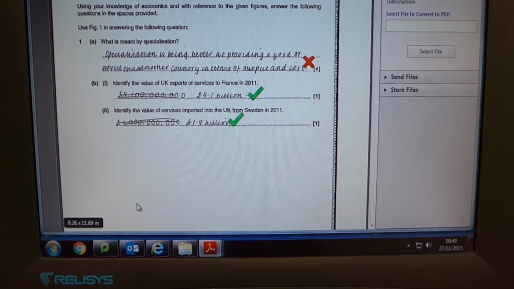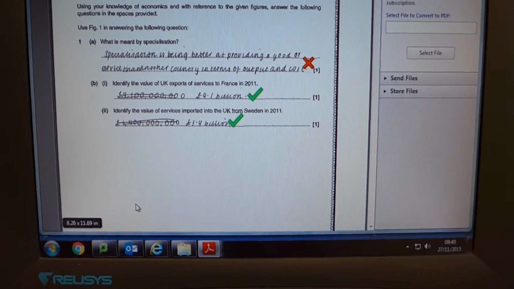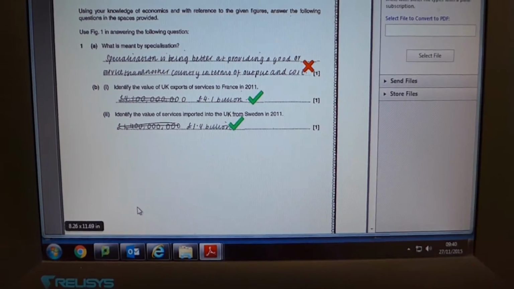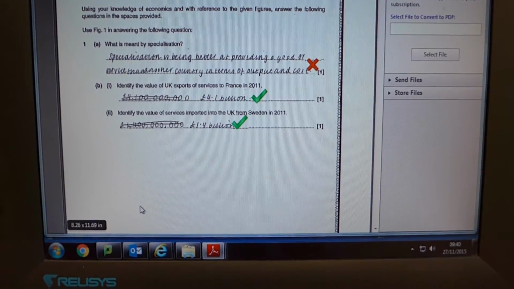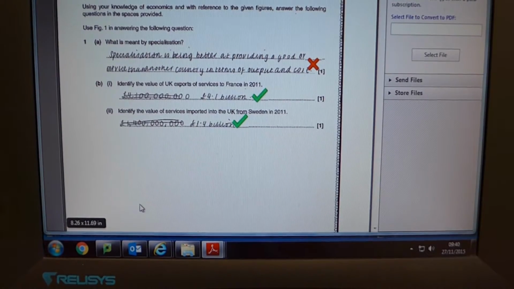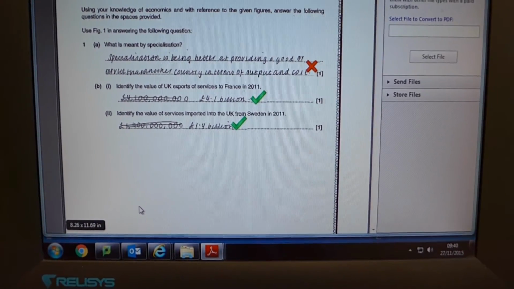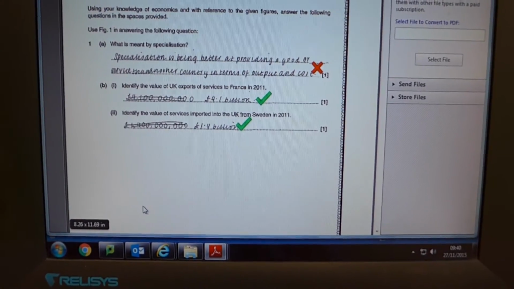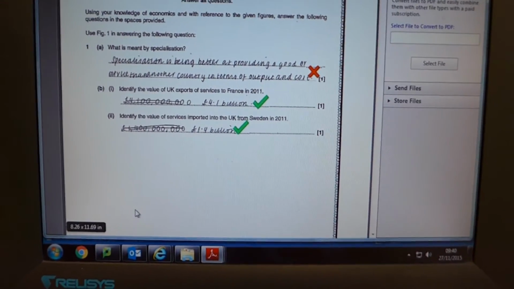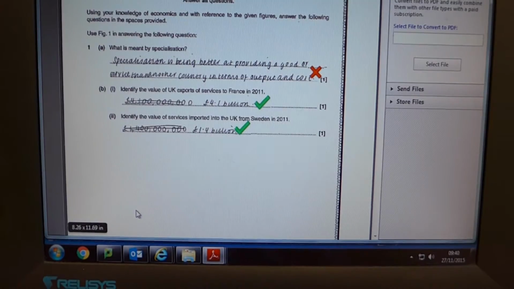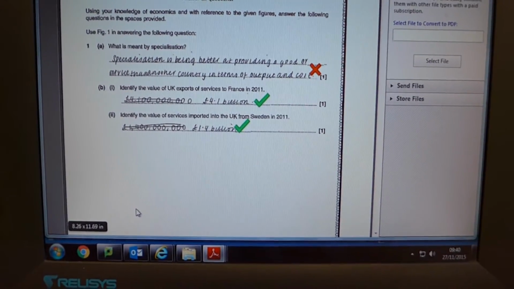And this A-star candidate starts the paper by actually getting the question wrong. He or she has written, specialization is being better at providing a good or service than another country in terms of output and cost. Well, that is more a definition of comparative advantage rather than specialization.